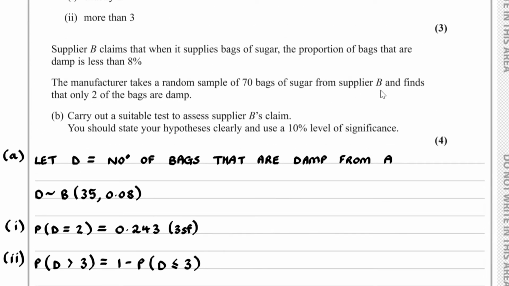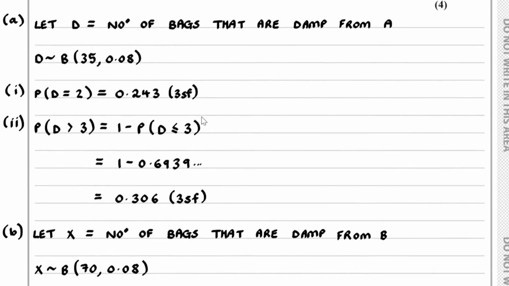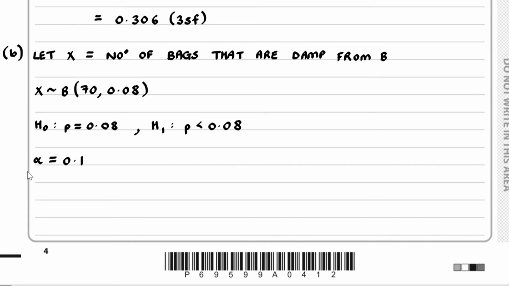Now, what we found was that there are only 2 of the bags which are damp. So what we need to do is find the probability that x is less than or equal to 2.